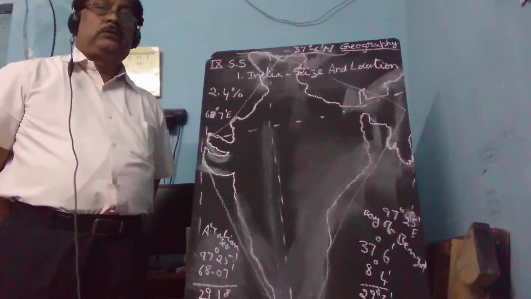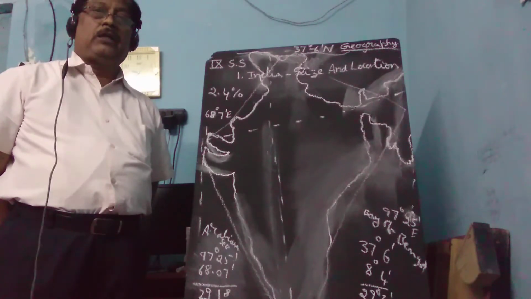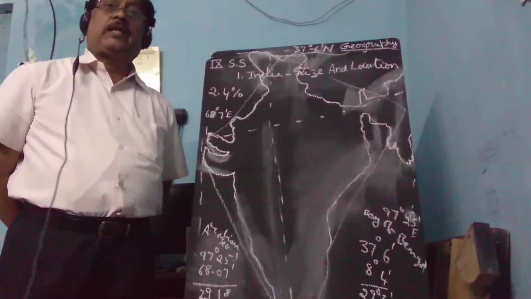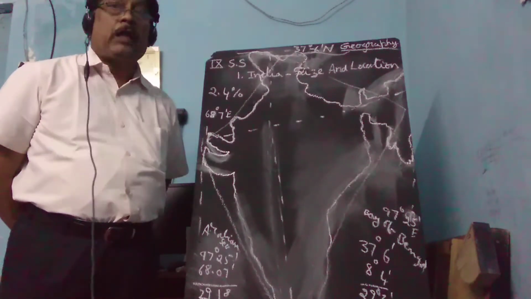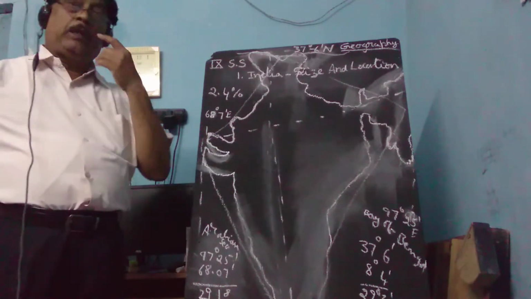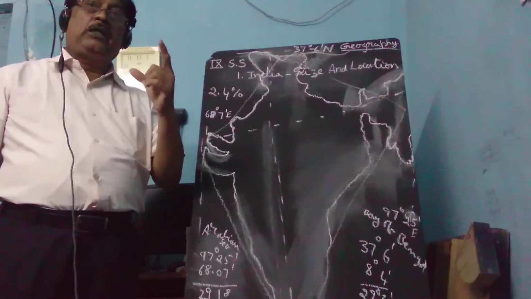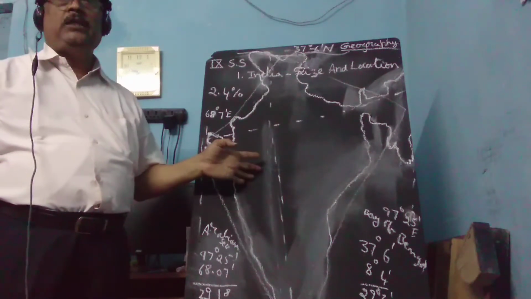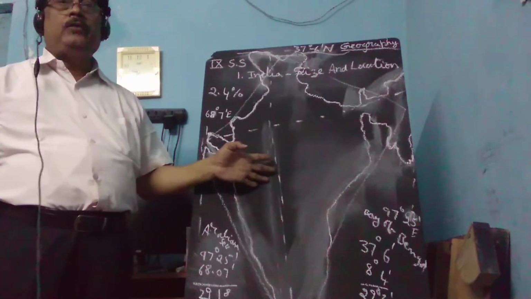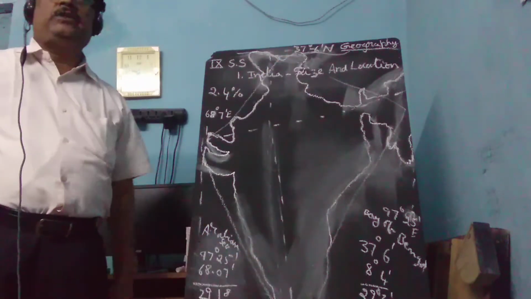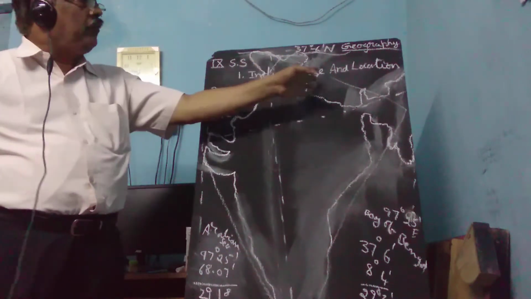Every country's standard time is fixed on the basis of that country's standard meridian. Likewise, India also has one Indian Standard Time, IST. This IST is fixed according to the middlemost meridian which passes through the middle of India.